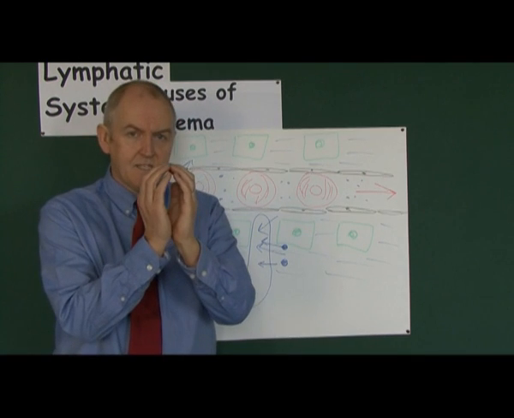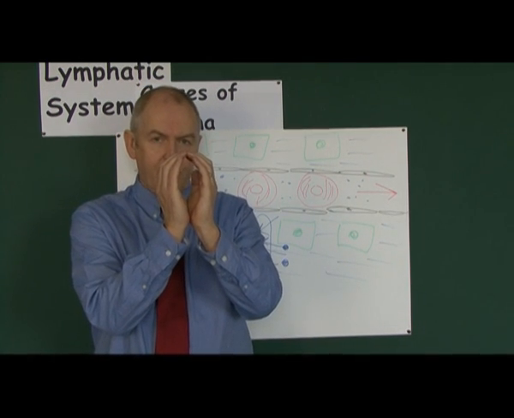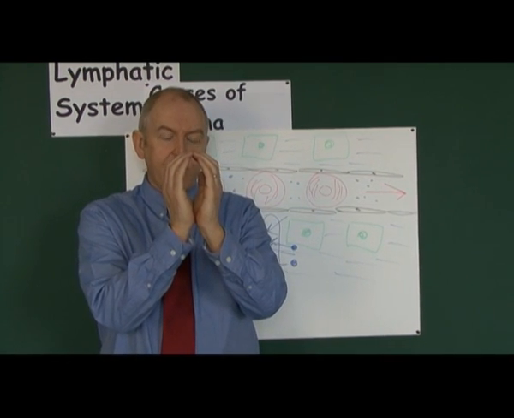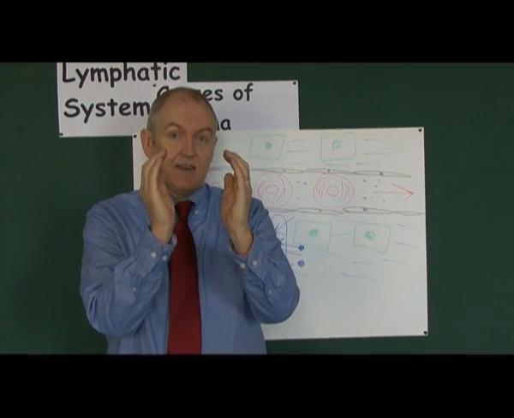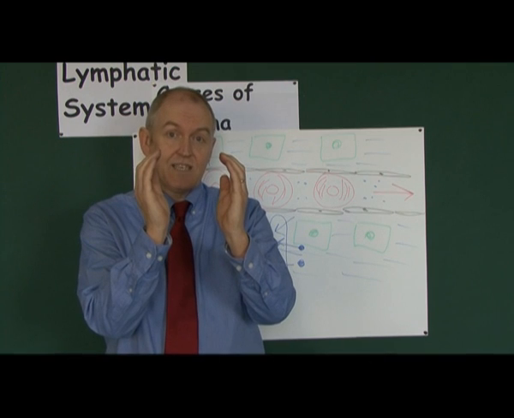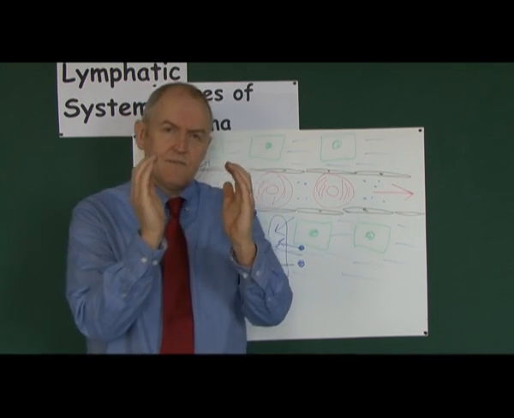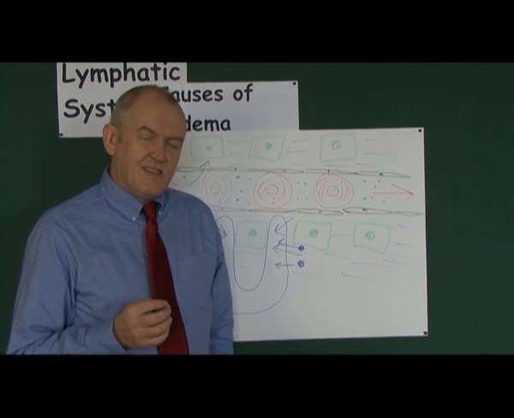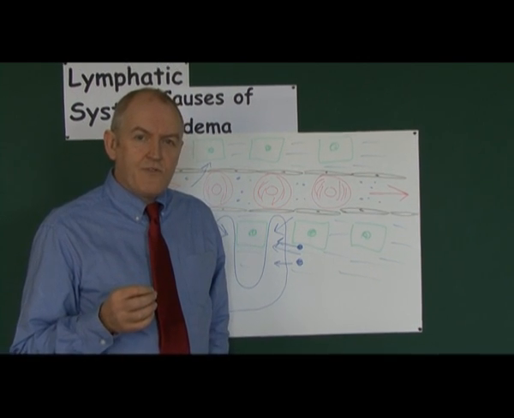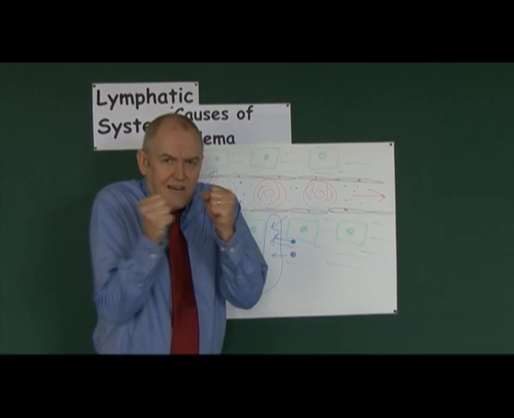So imagine that my hands are the endothelial cells in a capillary. If there's vasodilation and the capillary gets wider, that's obviously going to increase the size of the gaps between the individual capillary cells. And also in inflammation, the capillary endothelial cells themselves contract.